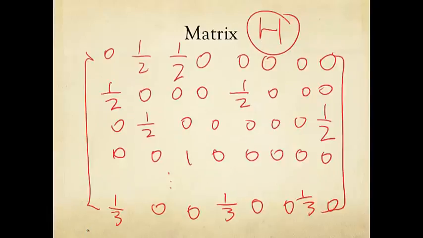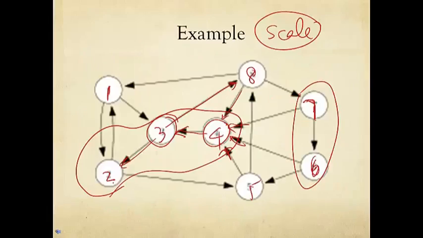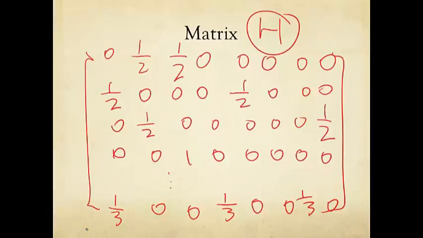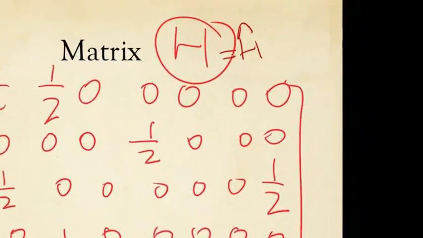So to make this a little more efficient, I've written out the H matrix already, just based on the topology of this given graph here. Now we can then construct H hat, but H hat is the same as H because there are no dangling nodes.